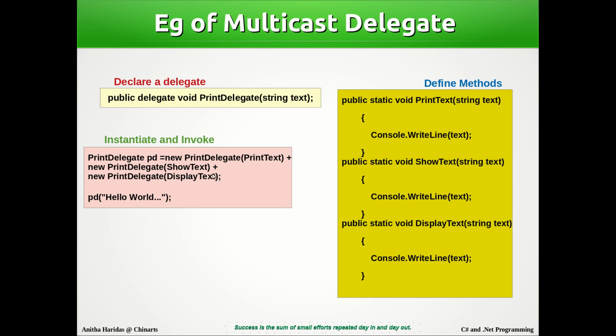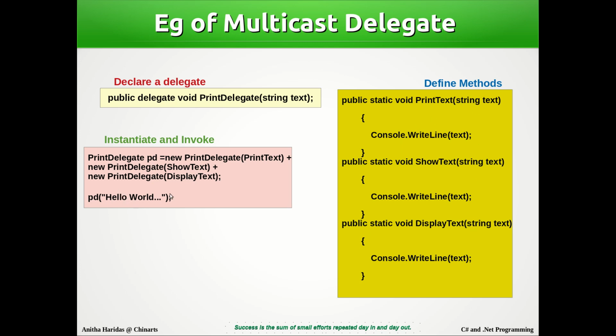Now to invoke all three methods together, you just invoke using the PD delegate reference. PD is the delegate reference here. You just say PD and pass the string value for these three methods.